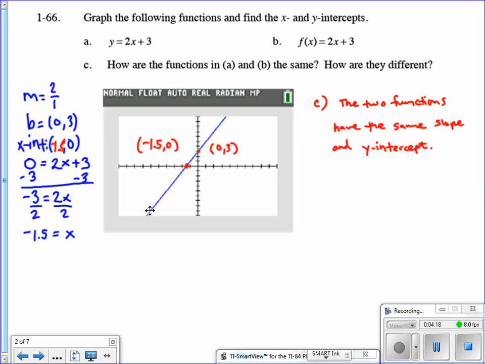Basically, like I said, they're going to coincide. They basically have all the same points. It's like the same function directly on top of each other, so they share all the points.